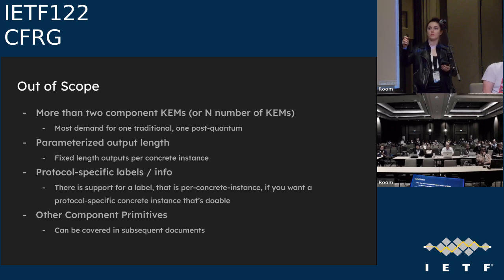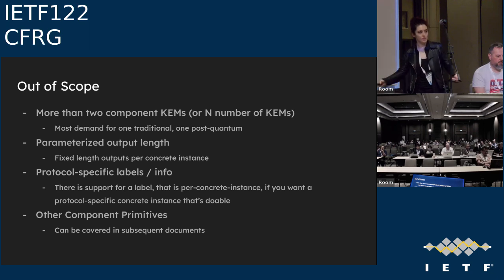Thanks. So a bunch of stuff was out of scope. We only picked recipes that would allow you two things: a post-quantum KEM component and a traditional cryptography component. We didn't want to do n-wise parameterizable recipes. It just gets out of hand. We didn't want parameterizable output length for the shared secret. They're per instance, finite, based on the KDF that you choose for the hybrid KEM.